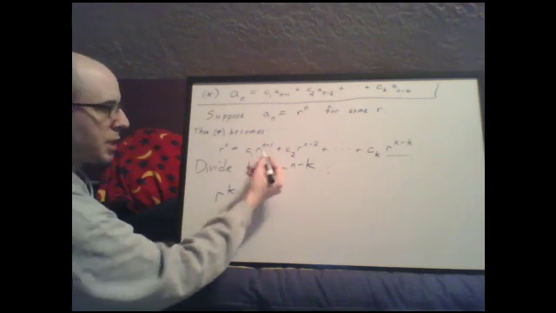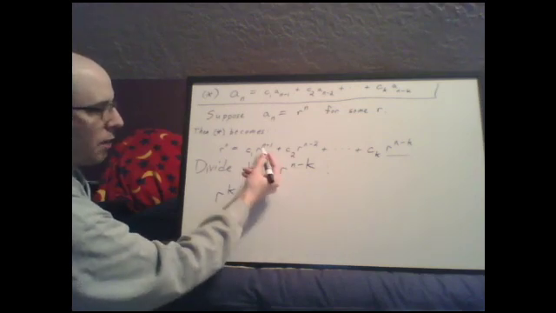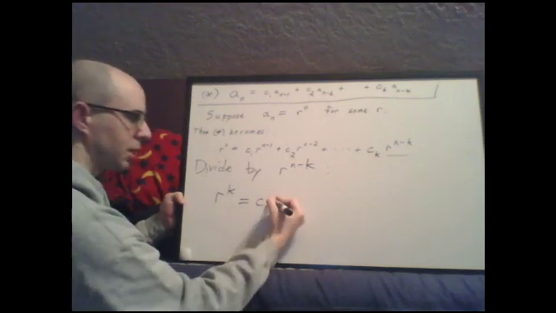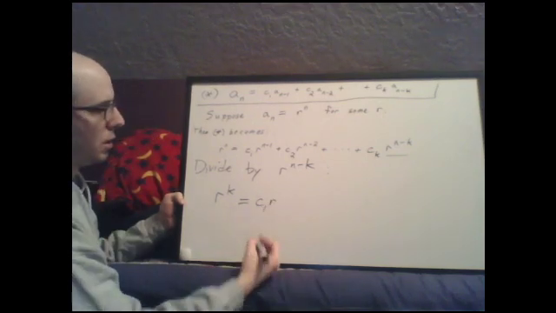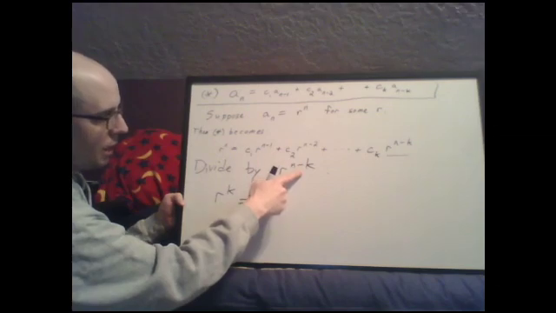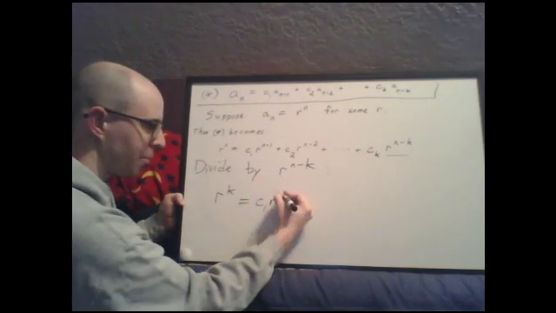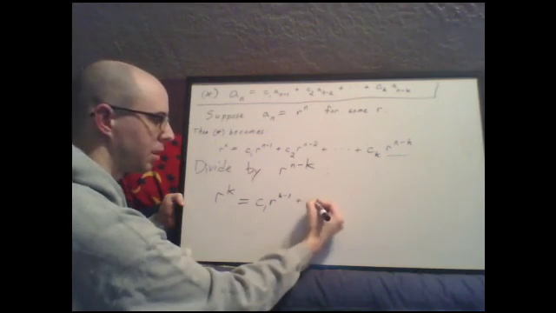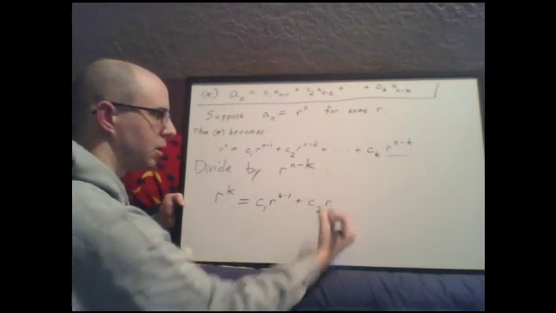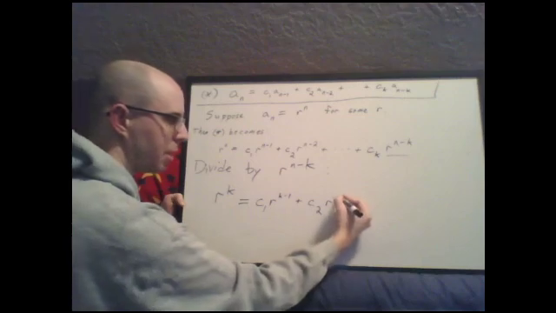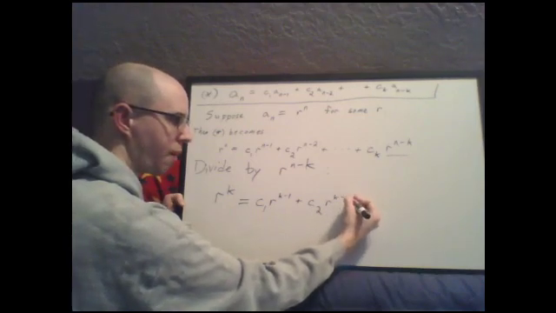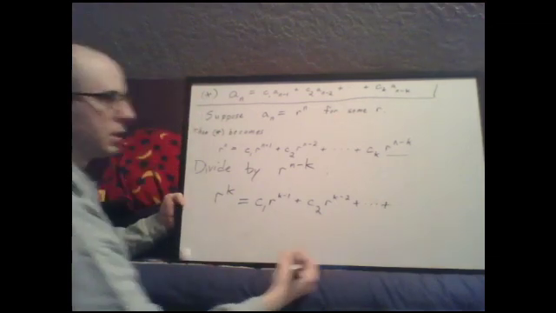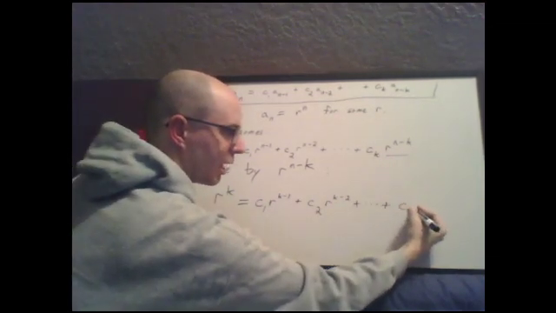And then for each one of these, I'm going to subtract n minus k from the exponent. So I'll get c_1 times r to the power n minus 1 minus n minus k, which is k minus 1, plus c_2 r^{k-2}, and so on, until at last I get just c_k.